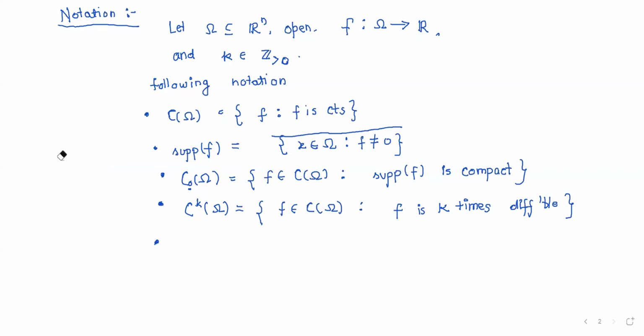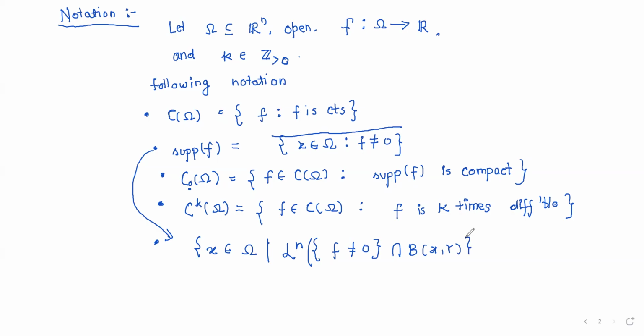So another definition is: all those points in omega such that the Lebesgue measure of the set where the function is non-zero, if you intersect with a ball, this Lebesgue measure should always be positive, and this holds for every radius R positive.